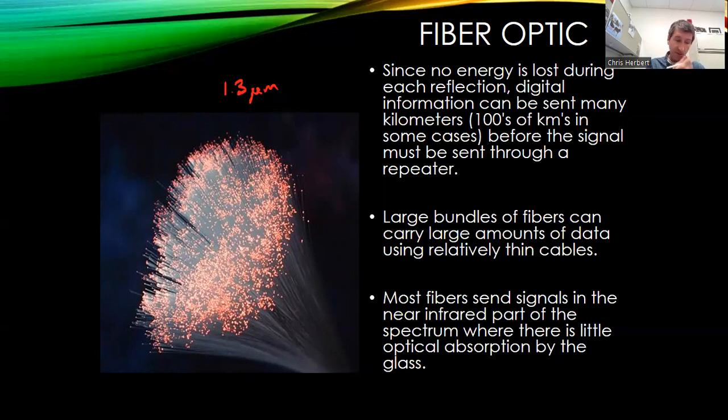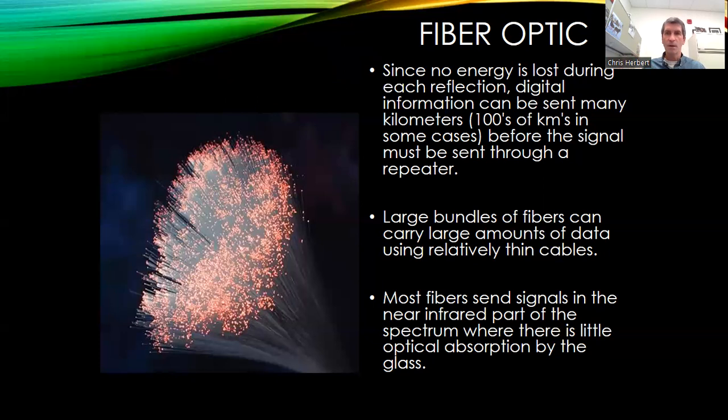For long distance, we either send it at about 1.3 microns or 1.5 microns. And that's still near infrared. We're still not far off. If you remember, I think 780 nanometers is typical for the red edge. So that represents 0.78 microns. We're not that far away from those wavelengths in the visible.